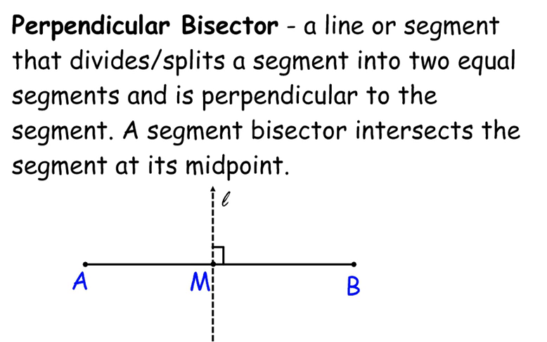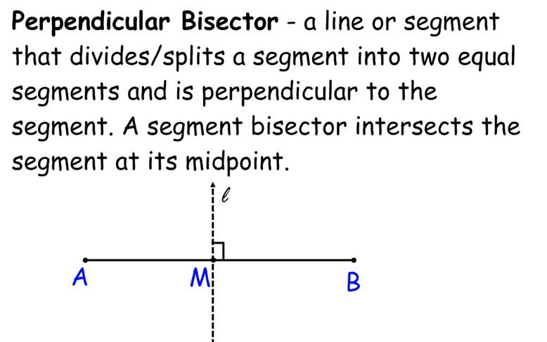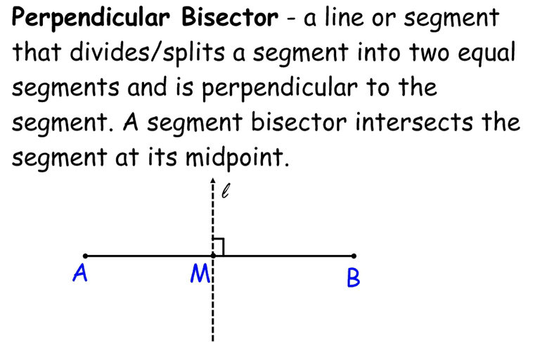Now, a perpendicular bisector. It is a segment bisector, but it does something else as well. So a perpendicular bisector is a segment that divides or splits a segment into two equal segments and is perpendicular to the segment. So it's like a segment bisector because it splits the segment into two equal parts.